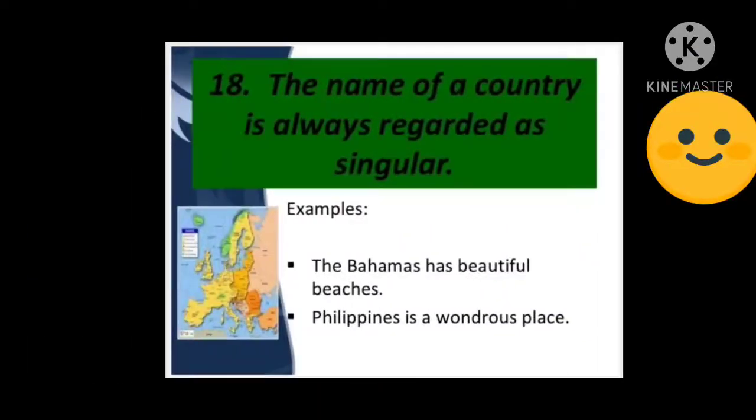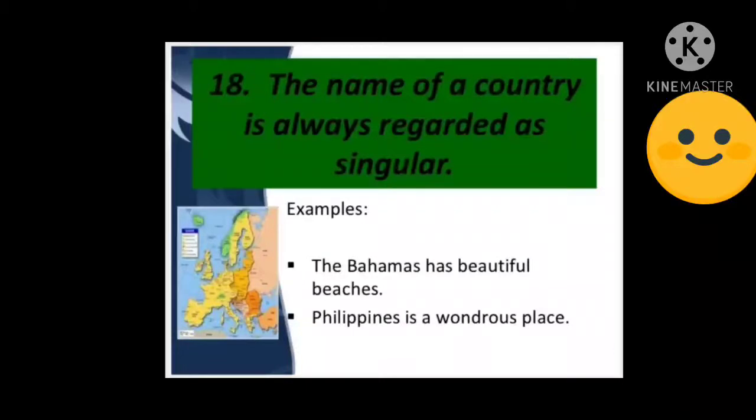Rule number 18: the name of a country is always regarded as singular. Okay, let us see the examples. Some names of countries appear to be plural, such as the Bahamas. So, S is there, we may think it is plural or a group of countries.